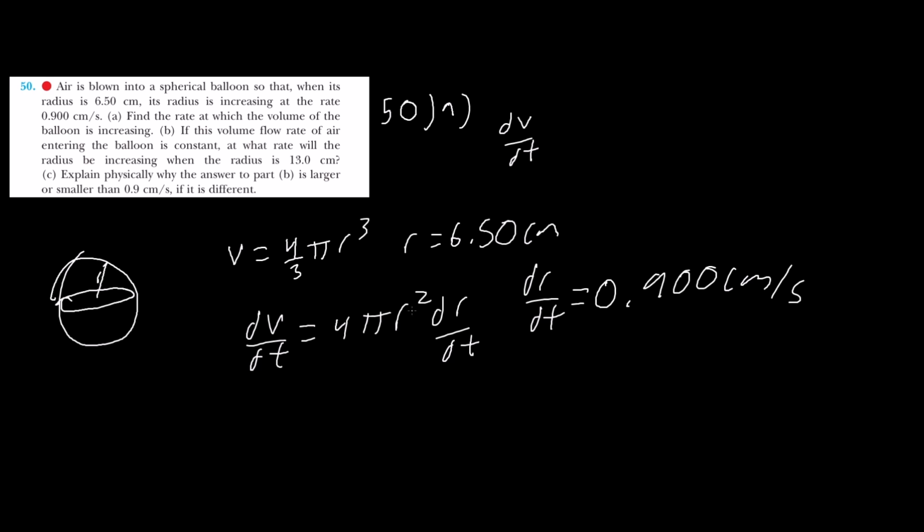So we know what the variable r is. We know what 0.9 is. So all we have to do is put 6.50 as the radius, 0.9 as the change of the variable. So that's going to be 4 pi times 6.5 squared times 0.900.